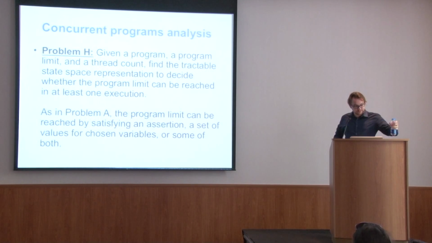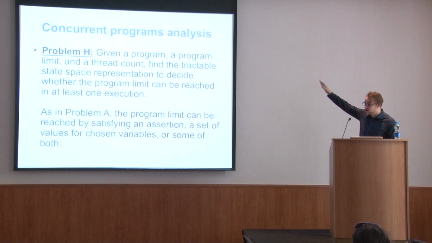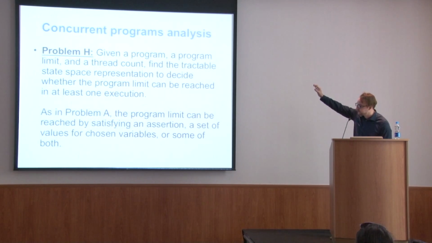Concurrent program analysis. What is a good way of factoring the state space of a program when you have multiple threads? If you have two threads, you have one state, and you have two possibilities of scheduling. You have thread 1 and 2. You have one instruction executed in thread 1, and then you can continue to thread 1, or schedule to thread 2, and then on that one you can continue to thread 1 or schedule to thread 2.